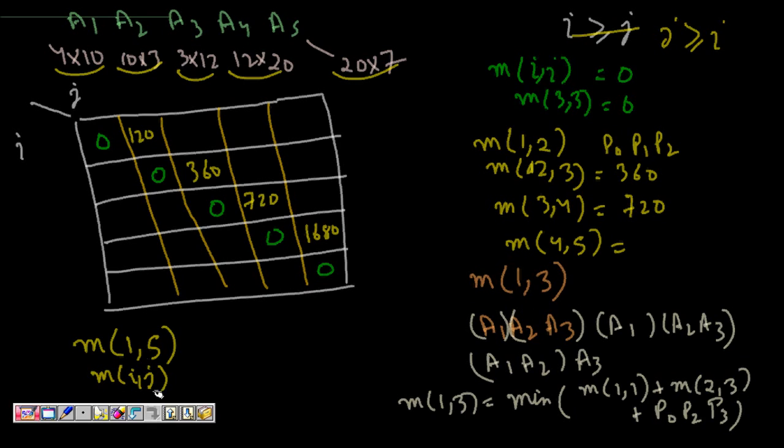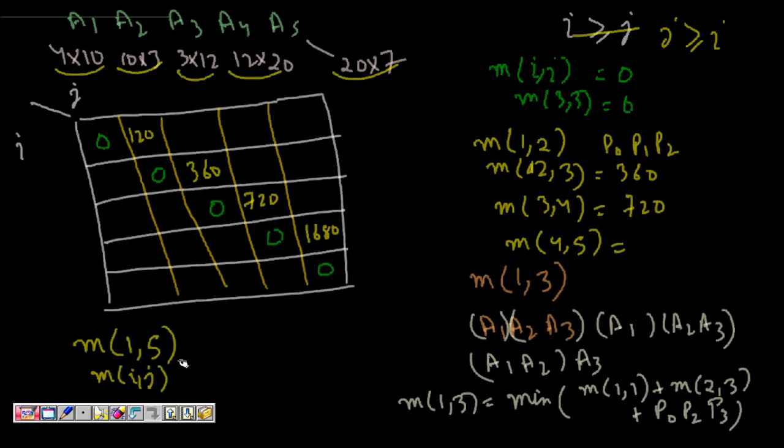So now little tougher calculations. So what we have to do now is M1 comma 3 is what we have to fill.